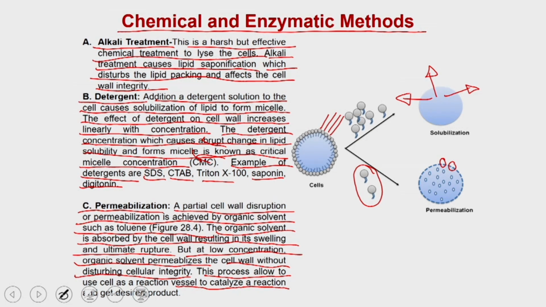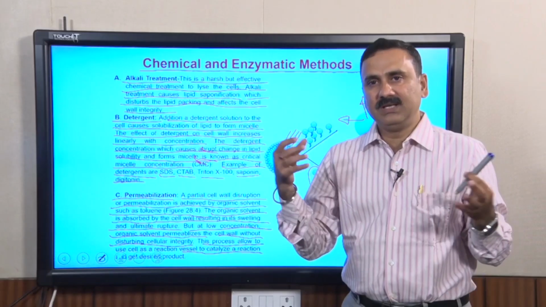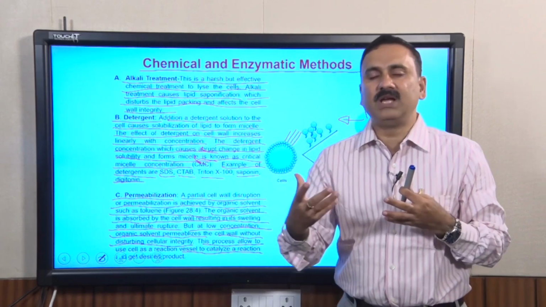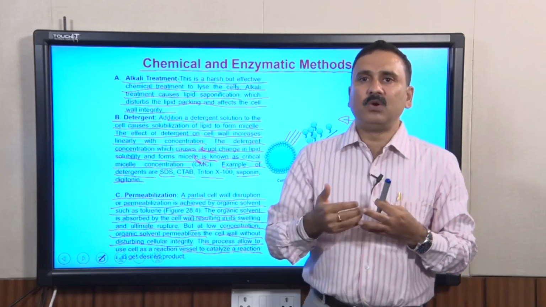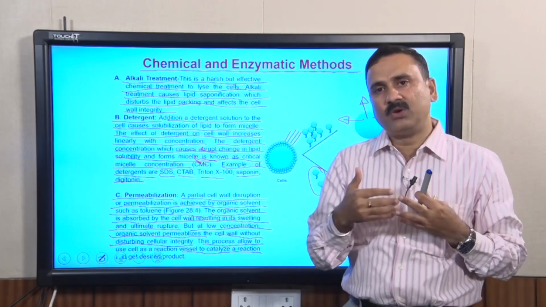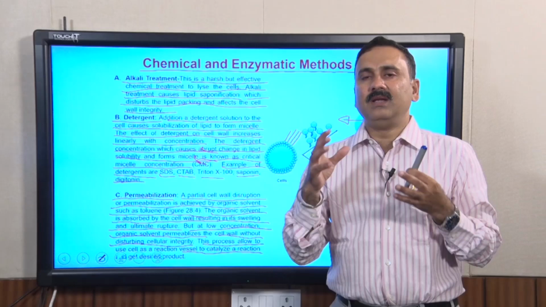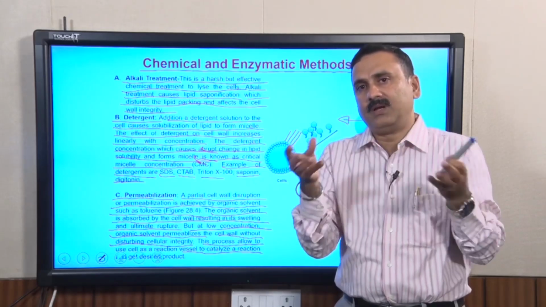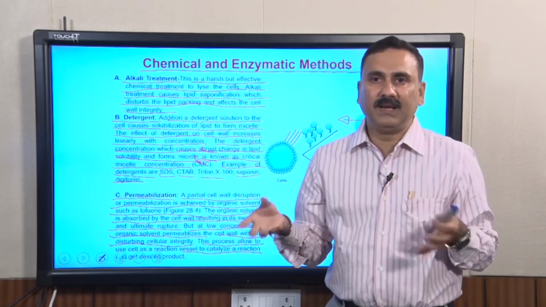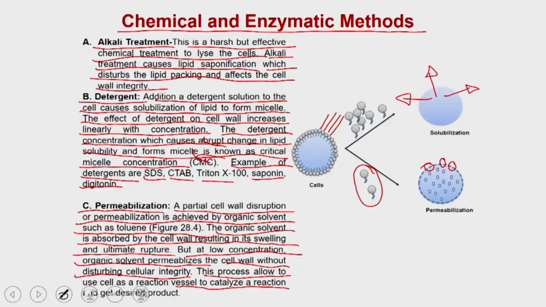So that hole does not allow the content to be released, because if you change the concentration or the exposure period, you could control the pore size in such a way that the content may not be released from the cell, and as a result you are going to make the holes.